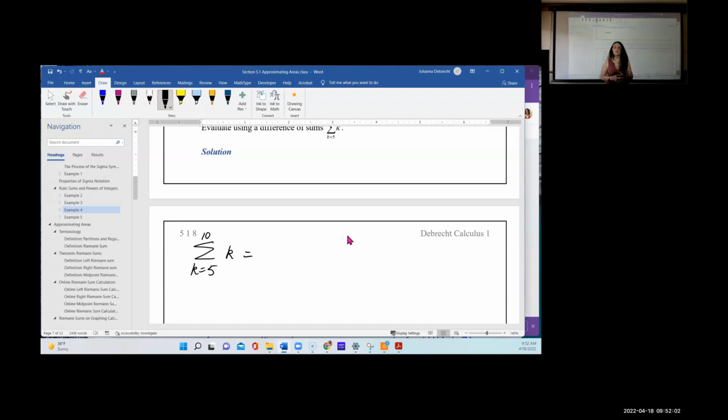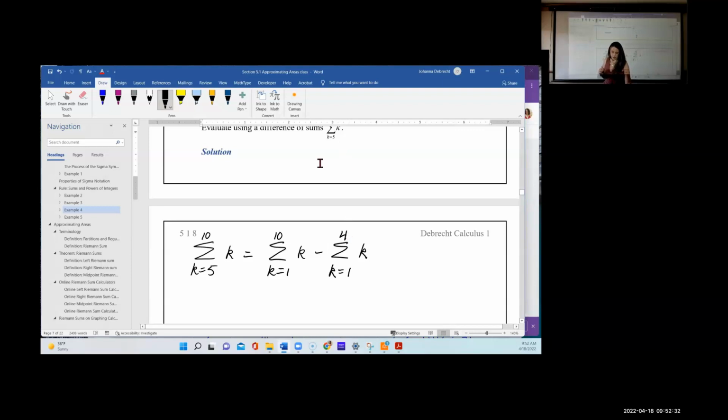We cannot do the formula yet because it doesn't start at 1. So we're going to write this as the sum from k equal 1 to 10 of k minus the sum. Where should I start the next one to get rid of the first ones? Start it again at 1 and go to 4. And now I can apply the formula.